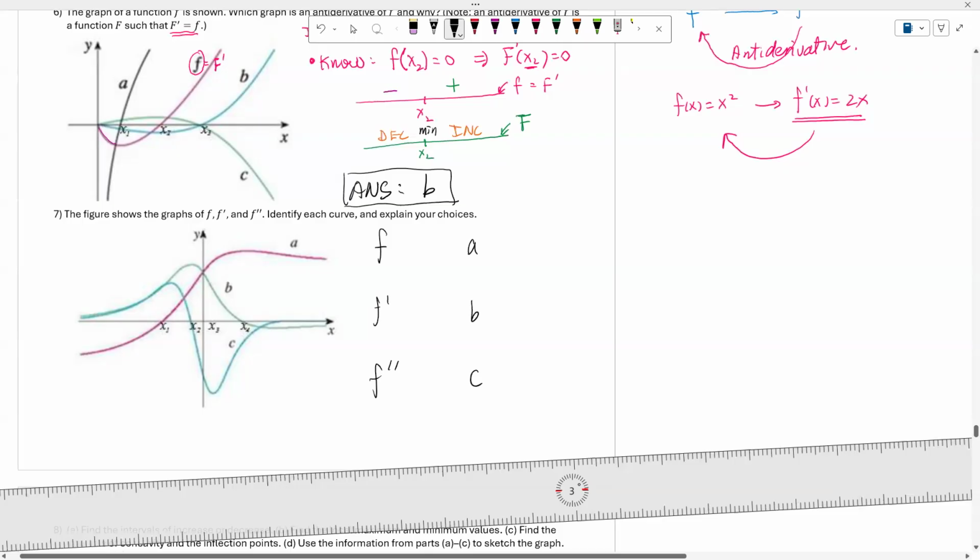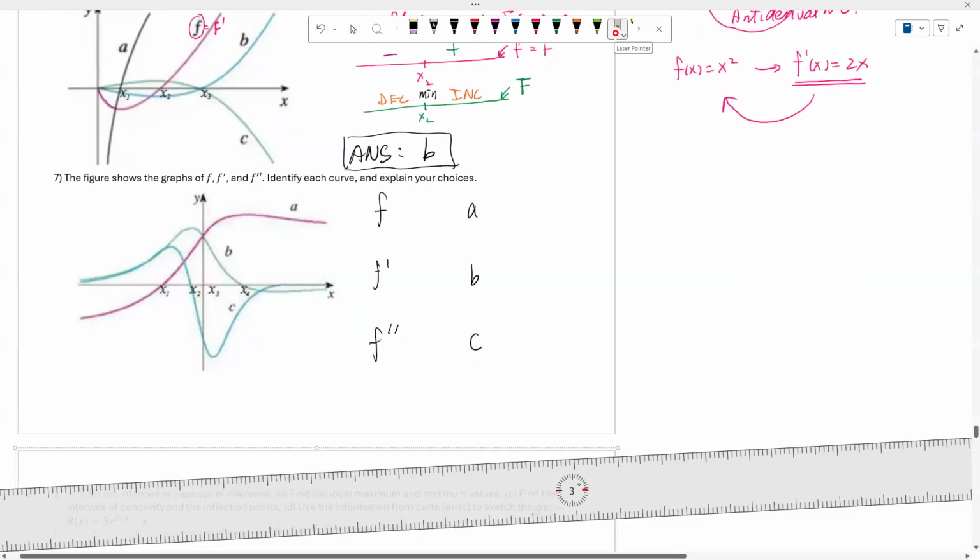Now think about this. If I start with the curve C, and C is the f function, then for f prime, in this case right here, we will have a 0.